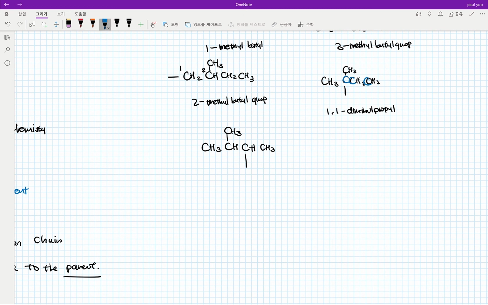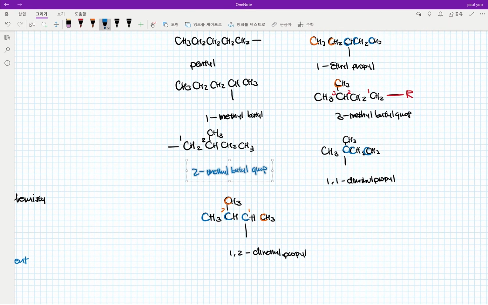And the longest will be 1, 2, 3. So this and that are attached each to the first and second carbon. So 1,2-dimethylpropyl group.